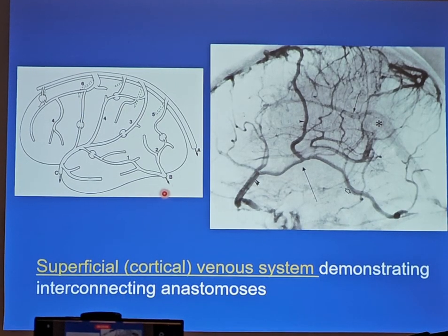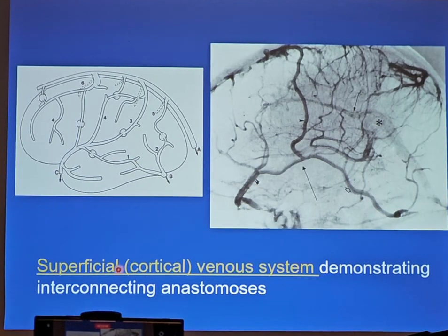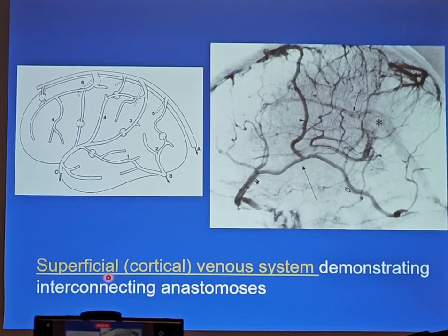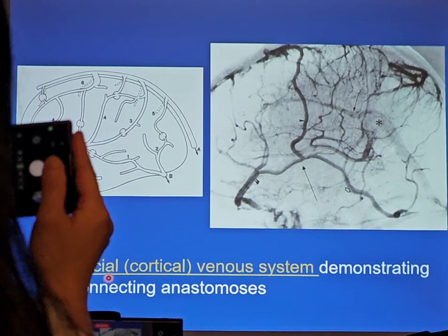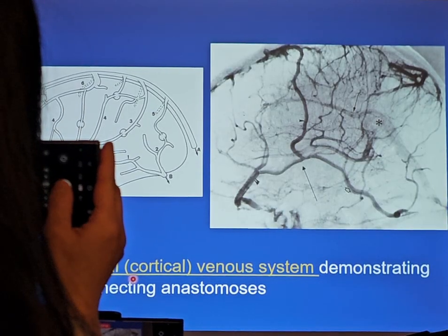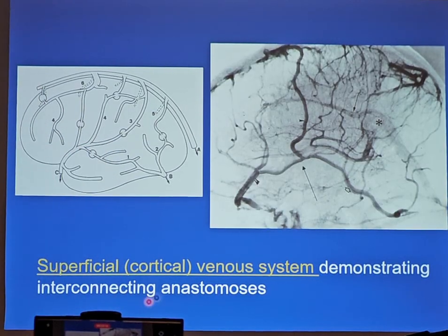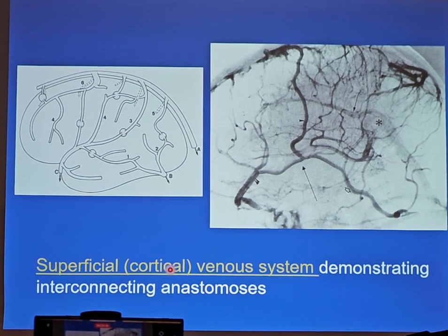Okay, we go from the deep venous system to the superficial system. As you know, again, the variability of the cortical veins is enormous, and therefore it is difficult to predict in which situation there will be consequences as far as approaches are concerned.